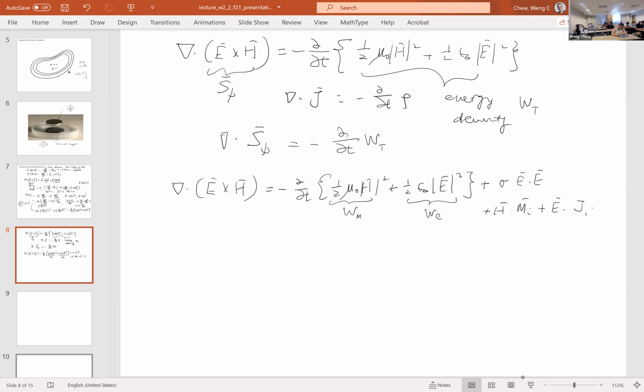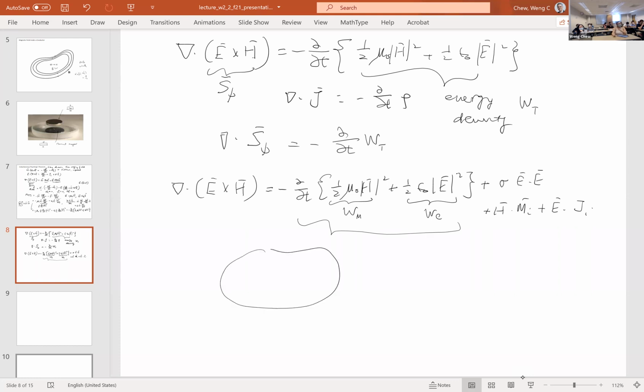Okay. And then the thing that you notice here is that this term is negative, but all these other terms are positive. So what it means is that, if the energy density is increasing with time, then partial W over partial t will be positive.